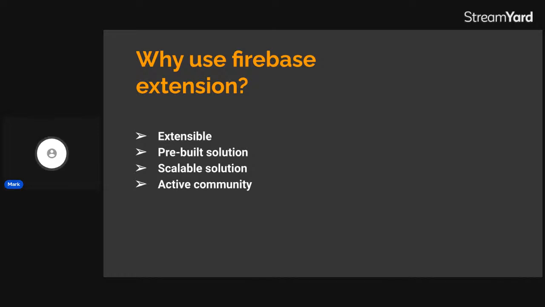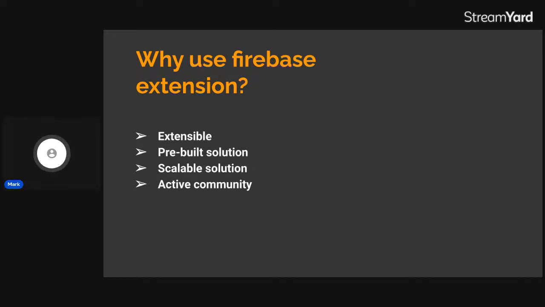The other thing is that there are pre-built solutions. By pre-built solutions, I mean they can reduce the need for boilerplate code or repetitive tasks. For example, the most common, I think the most downloaded one, is the Stream to BigQuery extension or something like that.